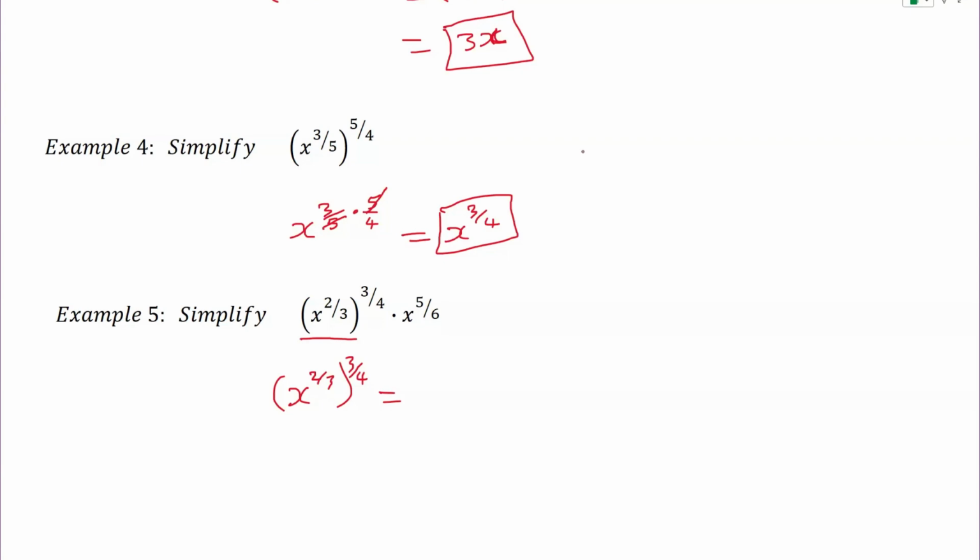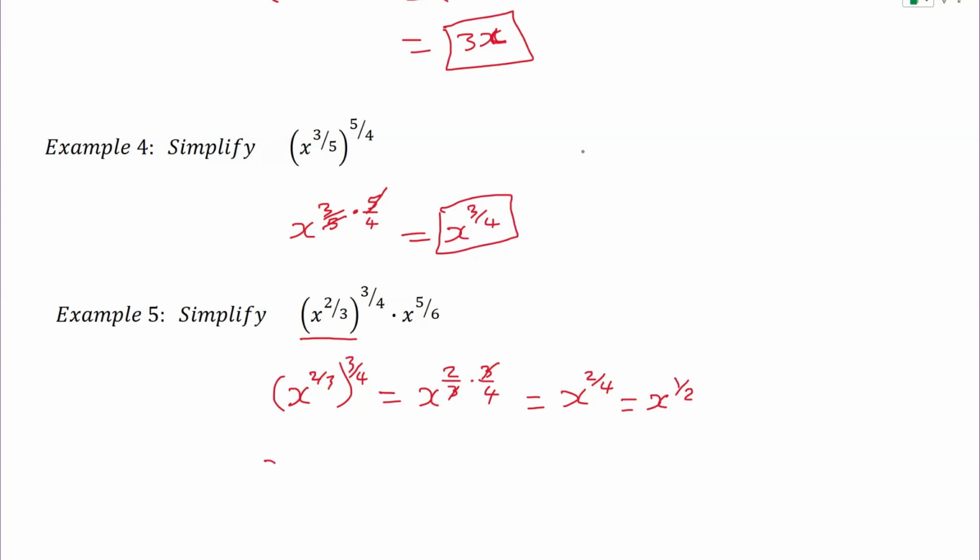Whatever the result is, we're going to multiply it times x to the 5/6, right? So remember, if one exponent is raised to another exponent, you multiply. So this becomes x to the 2/3 times 3/4. So again, the 3s cancel. So this becomes x to the 2/4 that you can also reduce by dividing top and bottom by 2 to get x to the 1/2. So x to the 2/3 raised to the 3/4 is x to the 1/2.